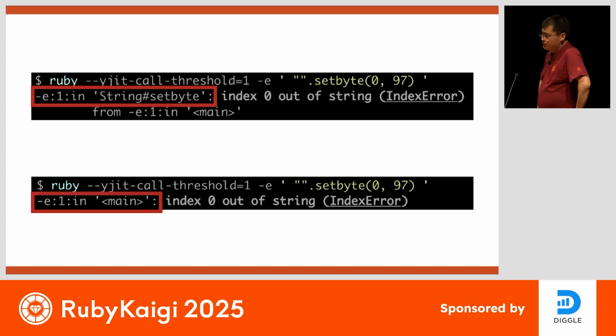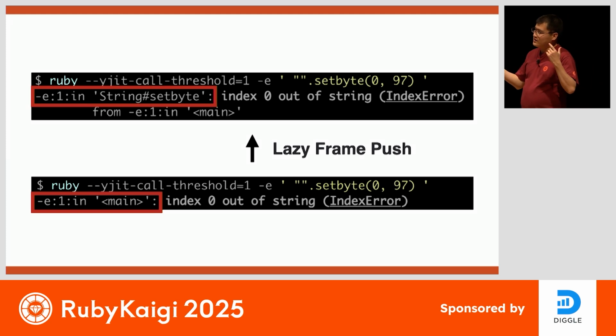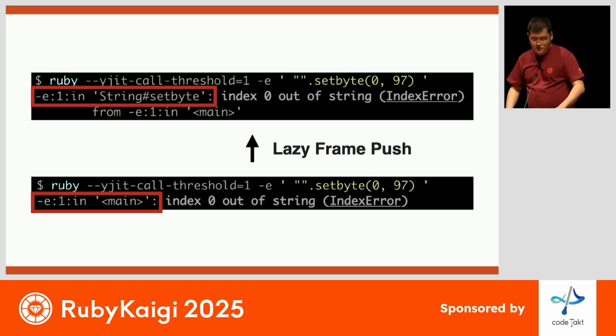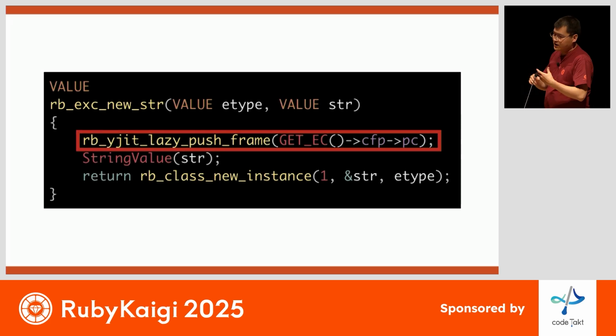The thing we introduced to Ruby 3.4 is the lazy frame push. When the setByte sees the invalid argument, it internally calls the C API that allocates a new exception object.